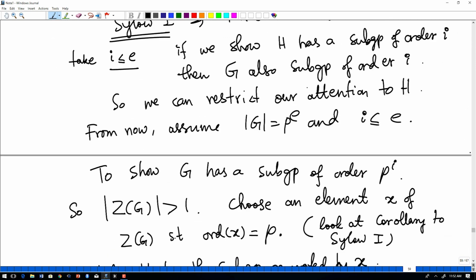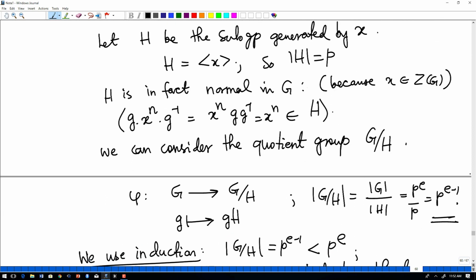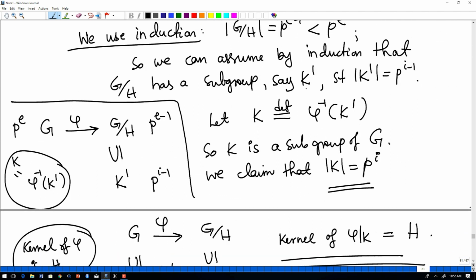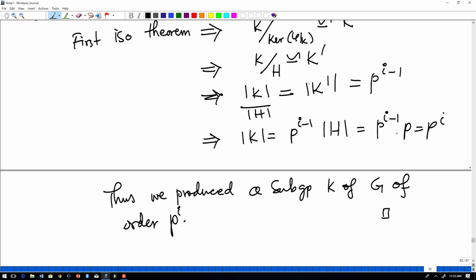Then we used the fact that for such p-groups the center is non-trivial, and get hold of this X, which made all the proof work. Then we go to G mod the subgroup generated by X, use induction to show that it has the right subgroup, and we take the inverse image. A quick application of the first isomorphism theorem and the counting formula says that the inverse image has the desired property. So, this proves the problem, and this completes the video and the course.